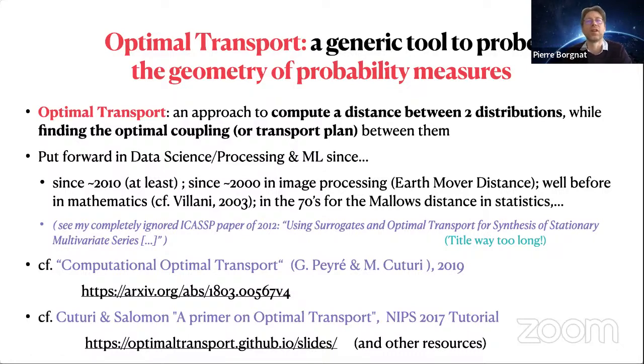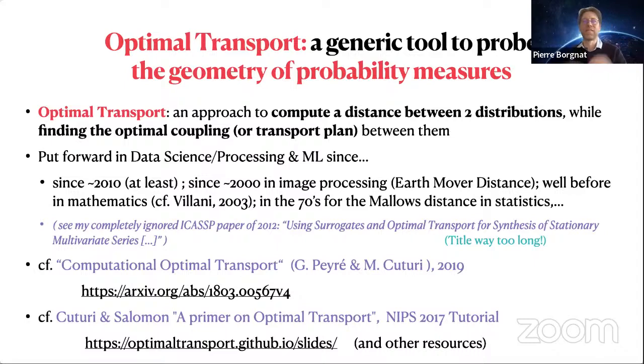It can be used in equalization between histograms in image processing. It was initially discussed in image processing 20 years ago as the Earth mover distance. It has been used by Julie Delon and then Gabriel Peyré in Paris to do many smart things in image processing.